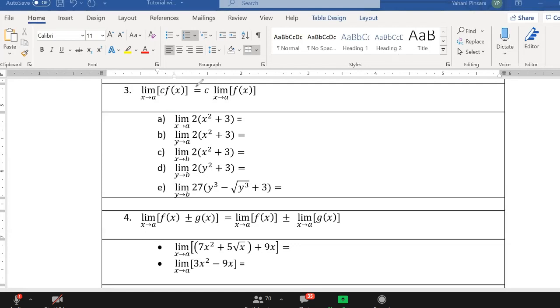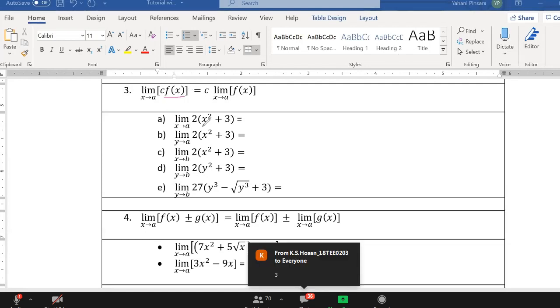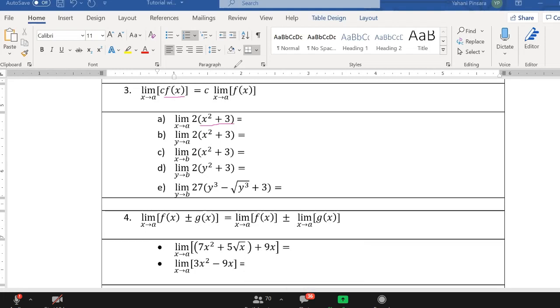So here, what is the function? If we take this is the function, so this is the function in part A, right? Then what is the constant? So this is the constant in here. So here in between the constant and the function, there is the multiplication sign.